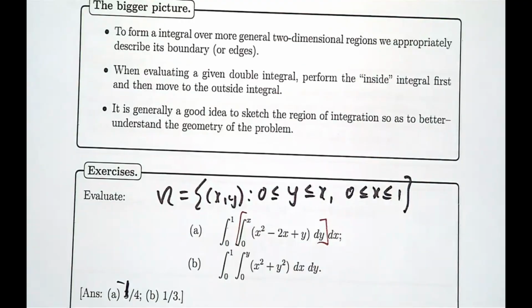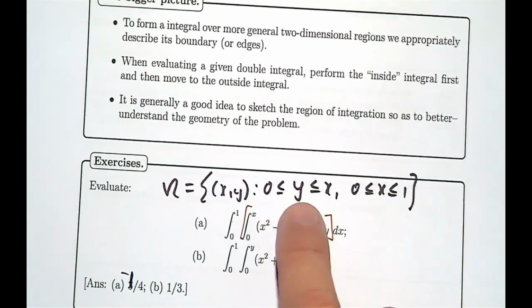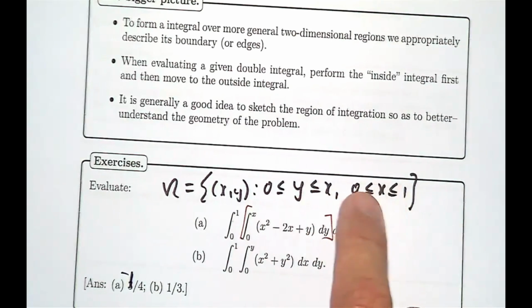What does that look like geometrically? It's a triangle, yes. So where does that come from? Let's draw a picture. The way I usually do it is I draw the boundary: y equals 0, y equals x, x equals 0, x equals 1.